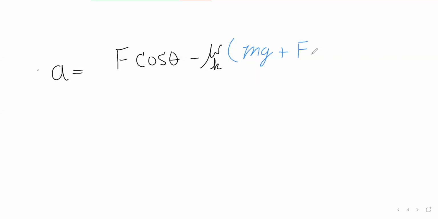So our equation for acceleration was F cosine theta minus mu times normal force. But I replaced normal force with the expression mg plus F sine theta. This was all divided by m.